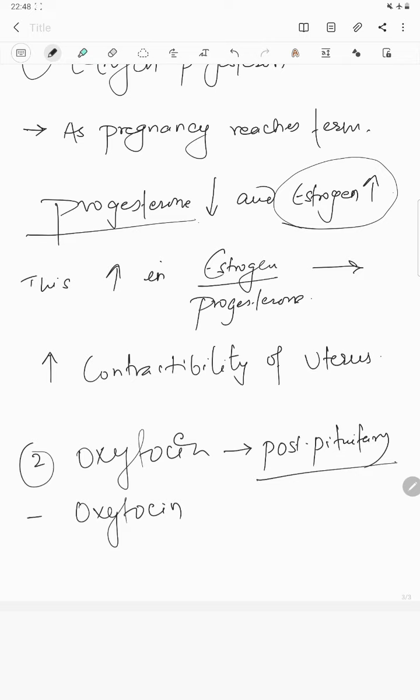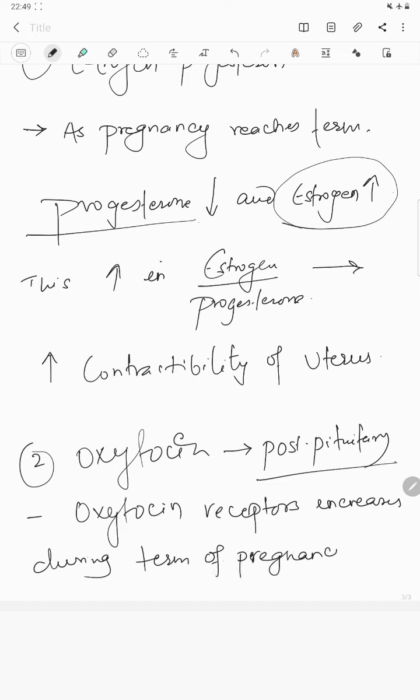So here oxytocin, which is stored in the posterior pituitary, plays a role in parturition. Now what has been noted is that oxytocin receptors increase during term of pregnancy, and oxytocin helps in contraction.